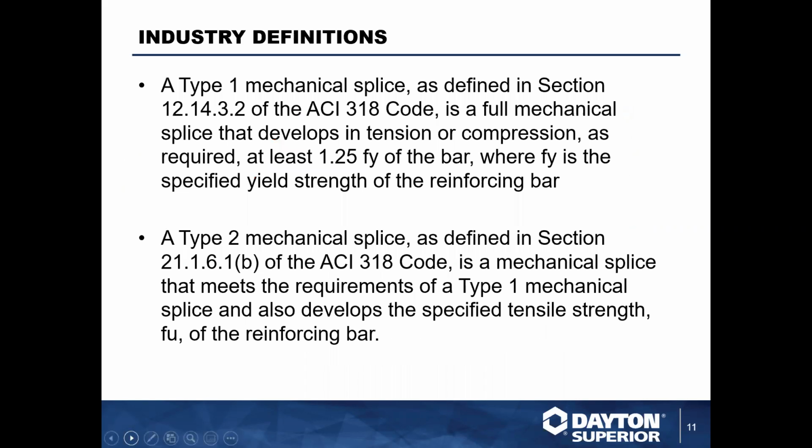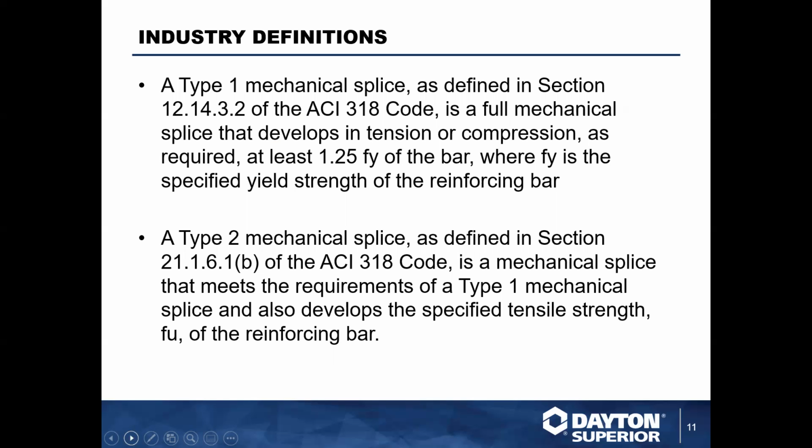And the industry, from CRSI, the Concrete Reinforcing Steel Institute, has typically set forth a set of guidelines. We have a type 1 splice, which is defined in the current building code as a full mechanical splice that develops tension or compression of at least 125% of the specified yield of the bar, where the physical yield is specified as the yield strength of the reinforcing bar.